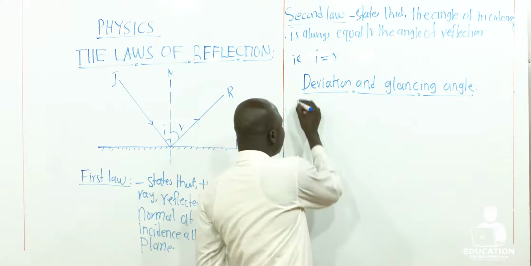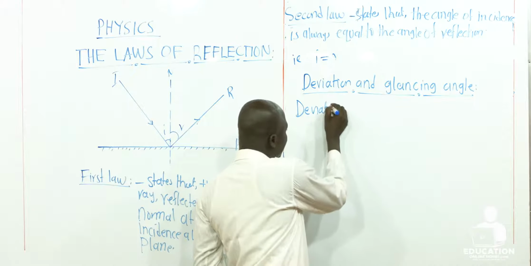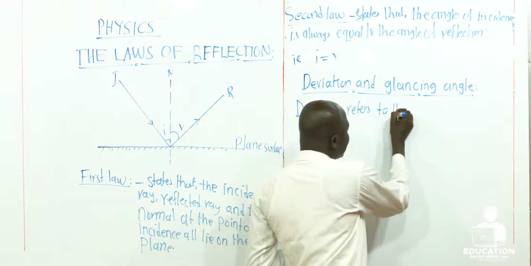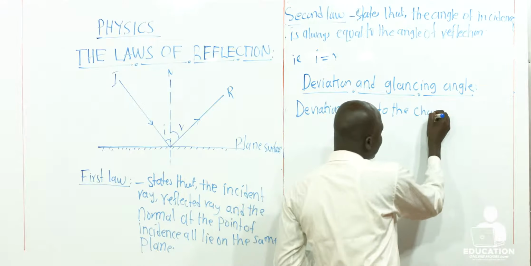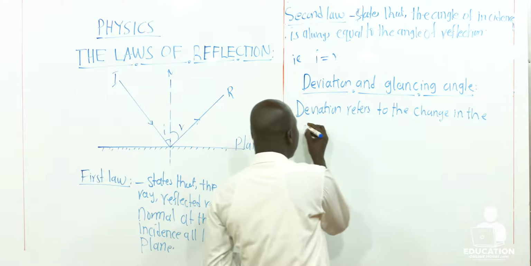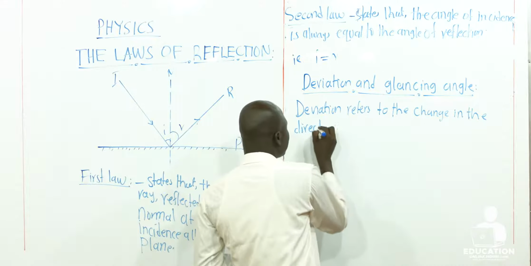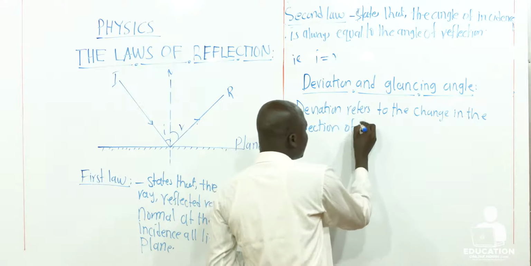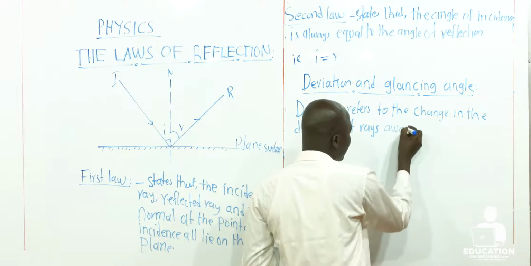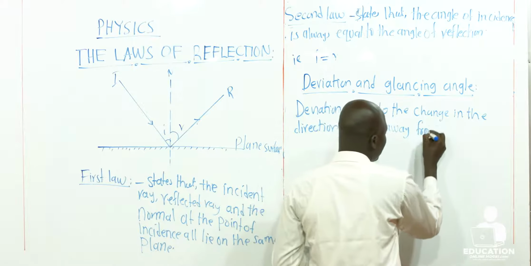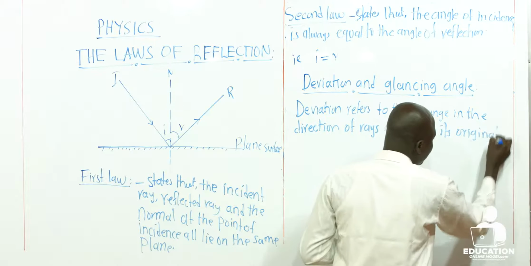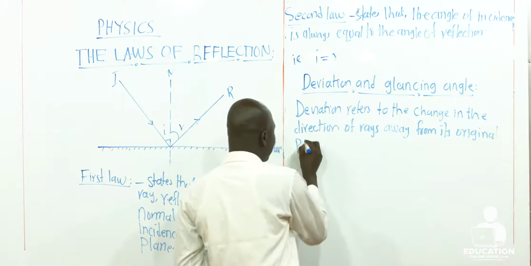We say deviation refers to the change in the direction of rays away from its original path.